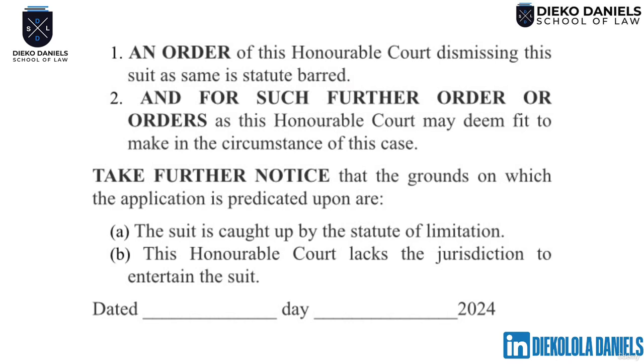Contract is meant to be 6 years before it is statute barred. You are going to have to show the court facts that this is where the breach of contract arose, and this is the time that the writ was issued. My lord, between the time that the breach arose and the time that the writ was issued, it was 8 years, which means that the 6 years has elapsed.